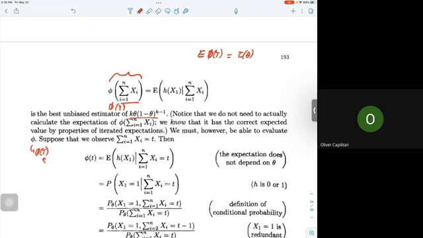So kung ang value nito equal to t, ito yung kanyang estimate. So phi of t will just be equal to the conditional expectation of h of x1 given the summation of xi equal to t. Check.